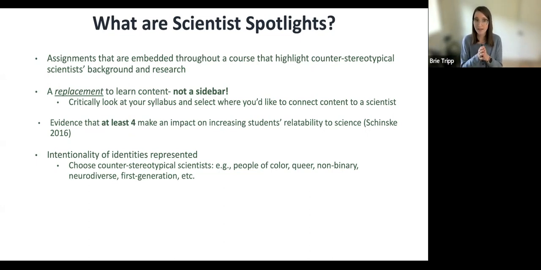And so having at least 4 gives you some variability in who you actually highlight, and therefore you can target more students in your class to give them opportunities to also relate to a scientist.